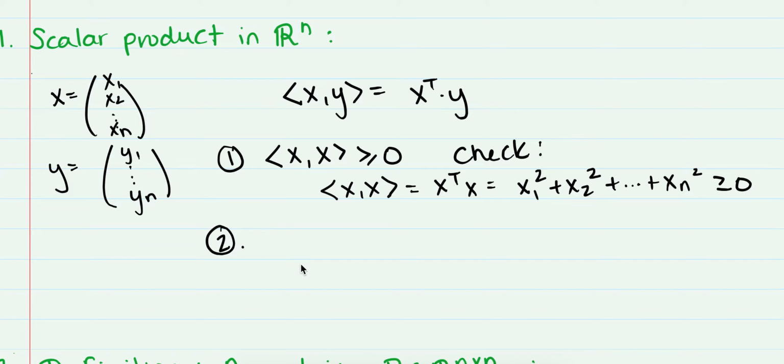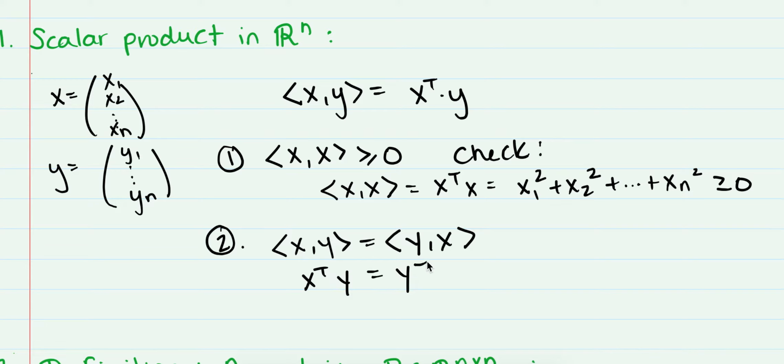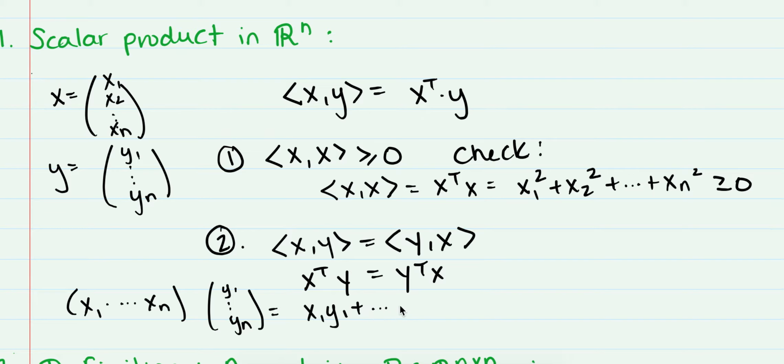The second property was that the inner product is symmetric. Now you can check that. You just need to check that x transpose y is equal to y transpose x. And that's obvious because x transpose y is x1 y1, all the way to xn yn, and you can switch the order.